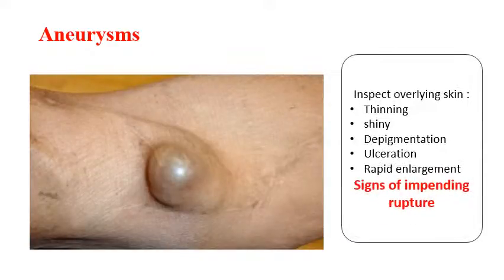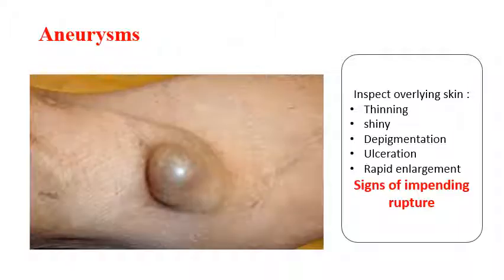If you find the aneurysm, you have to look if there is thinning of the overlying skin, if it's shiny or not, if there is depigmentation, ulceration, or if there is rapid enlargement of the aneurysm. This means that this aneurysm may rupture at any time and it's risky, so you have to refer to the vascular surgeon.